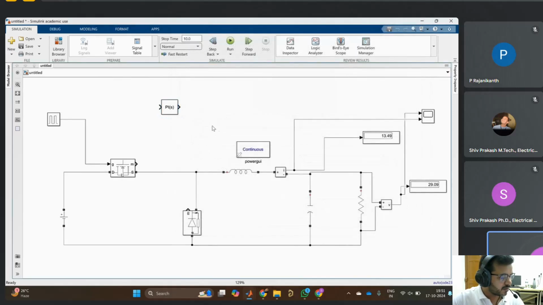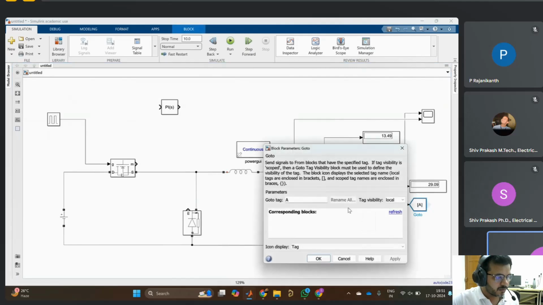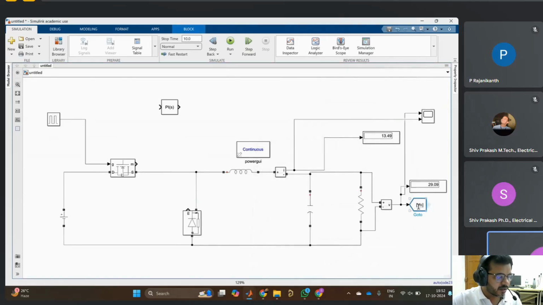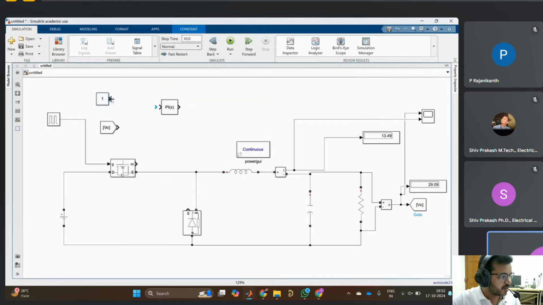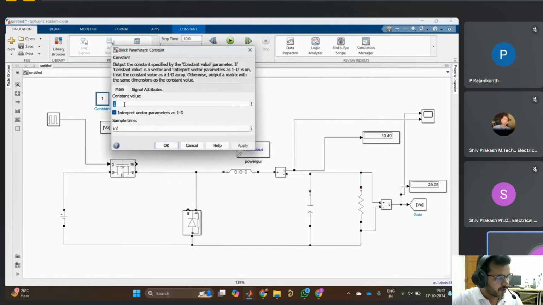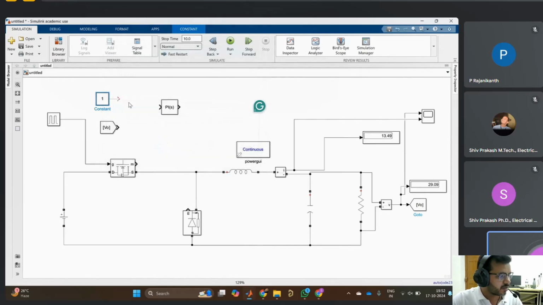Then you need the voltage, V naught. You have to give a reference signal by a constant. So if you want 30 volt, you take 30 volt.